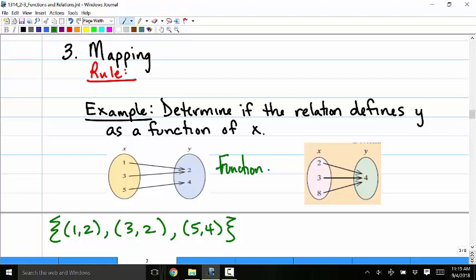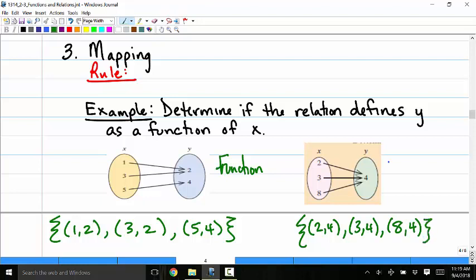The second one, what are your ordered pairs? 2, 4, 3, 4, and 8, 4. Do the x's repeat? Is this a function? Yes, that's a function. Do we care if the y's repeat? We don't care. So the rule, again, is that the x's cannot repeat.